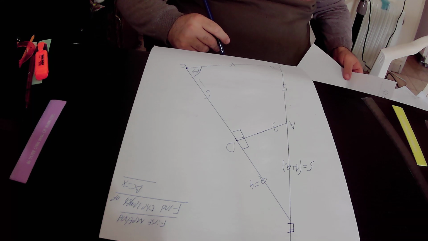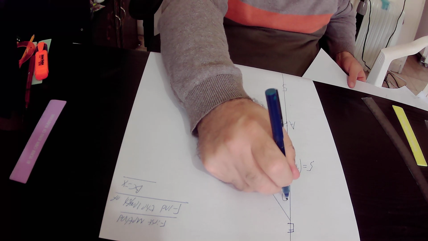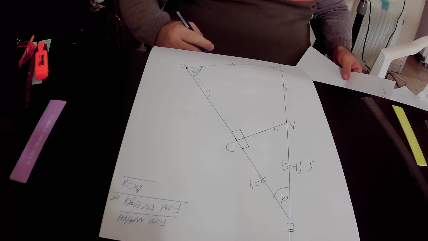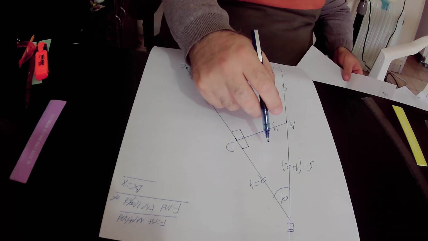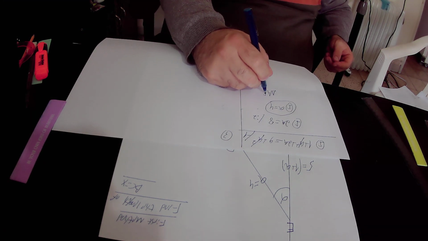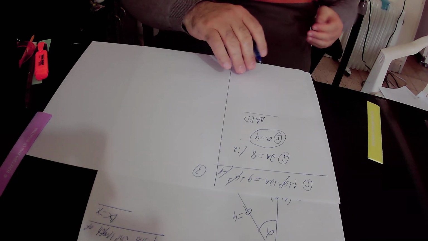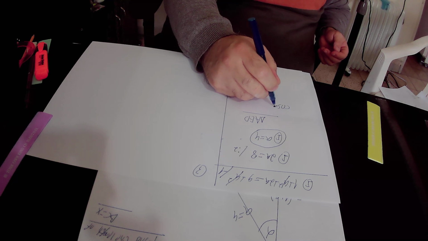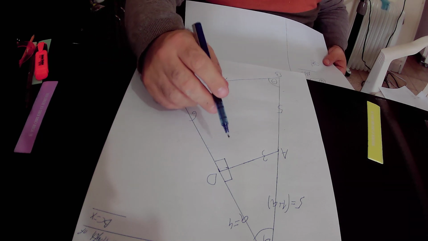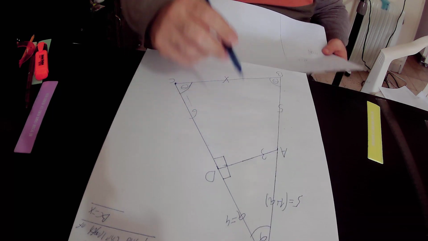So in the next step we will define angle BEC. This angle is angle alpha. So in the right triangle AED, this right triangle, cosine alpha equals ED over AE.